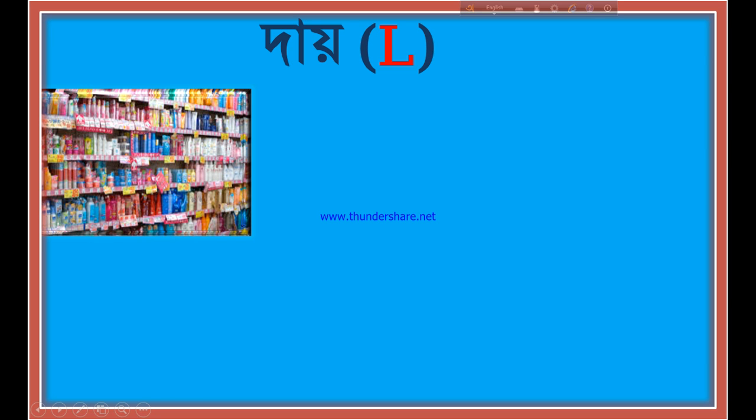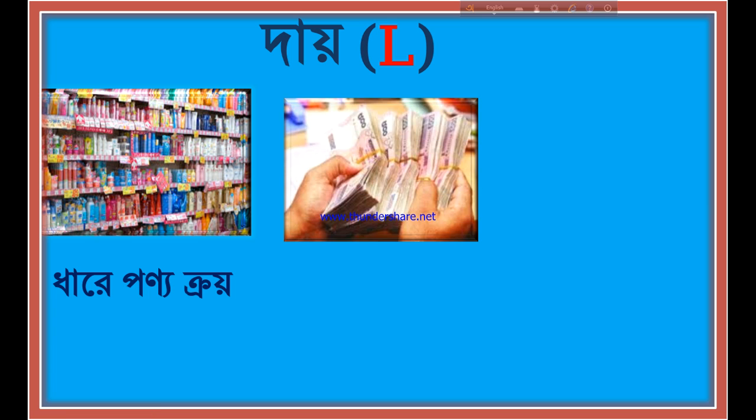Liabilities. Purchased products on credit, that means we have to pay the amount at the end of maturity. So we are liable to pay.